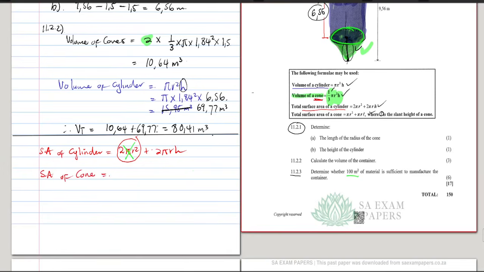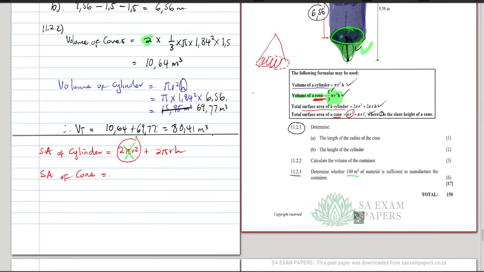So the cone, no, that's the volume. The surface area of the cone as well, the same thing applies. This pi r squared is your cone.